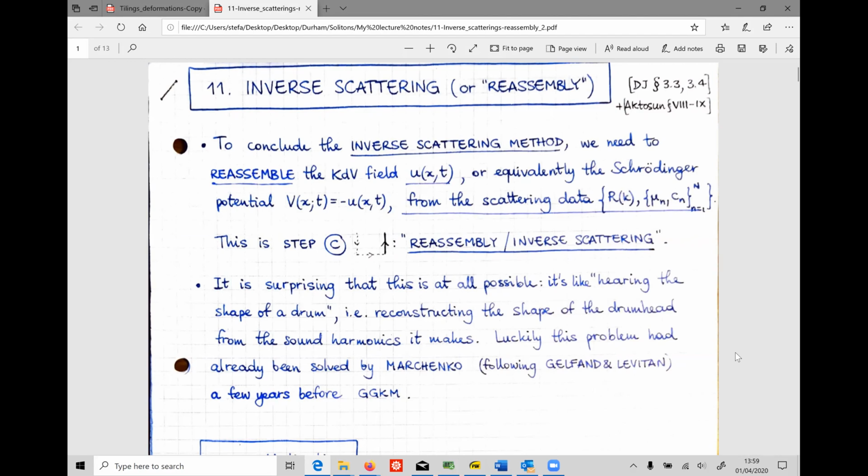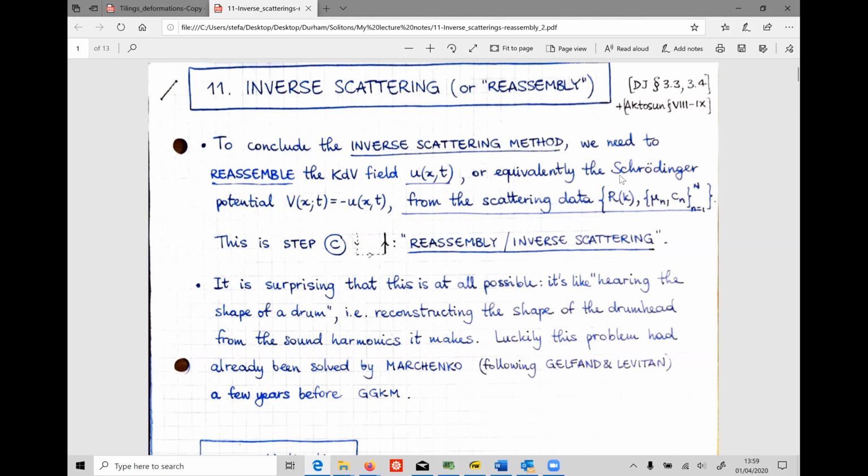So this is highly non-trivial, but luckily this problem had already been solved for equations of the type that we're interested in by Marchenko a few years before Gardner, Green, Kruskal, and Miura realized that this was relevant for the KdV equation.